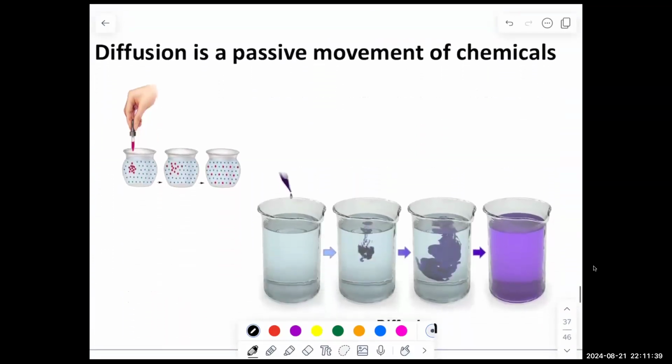Most of the exchange in the body is going to happen through diffusion. Diffusion is a physical phenomenon that occurs passively. What does the word passive mean? No energy is required.